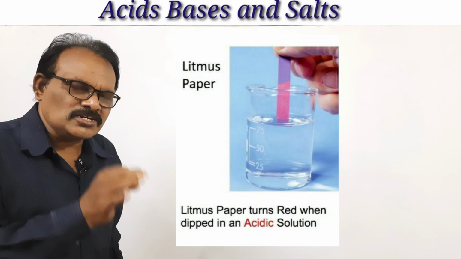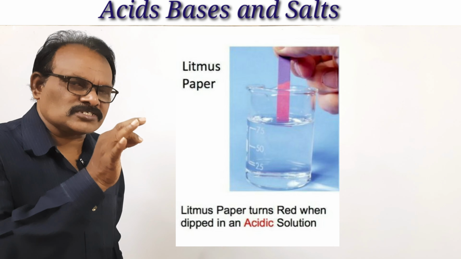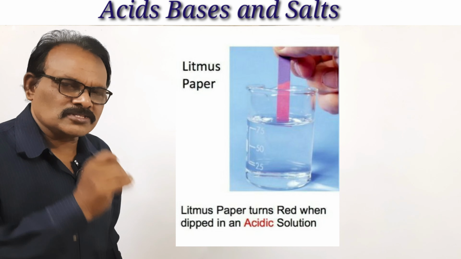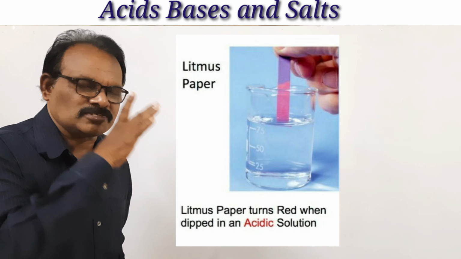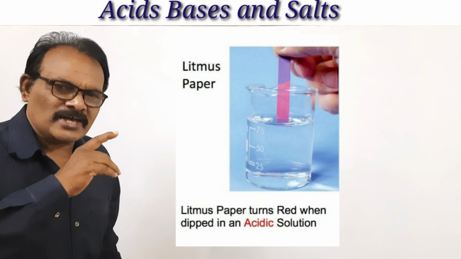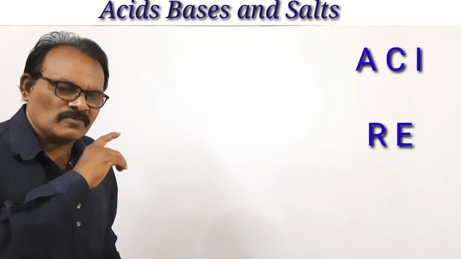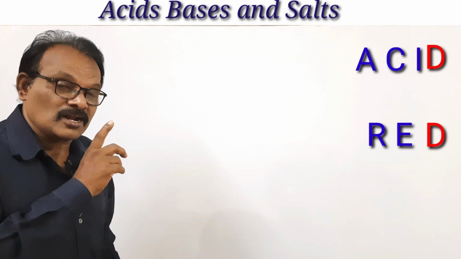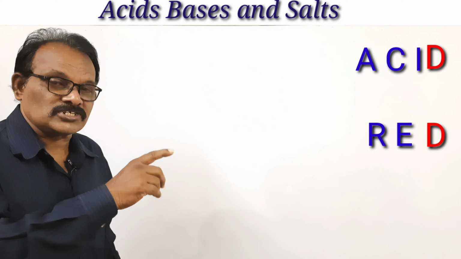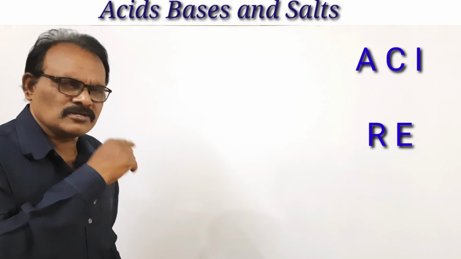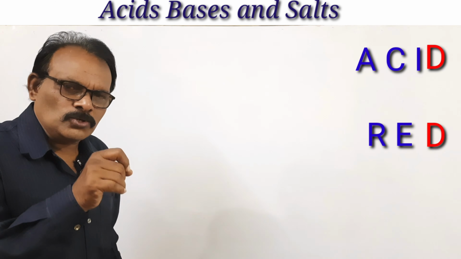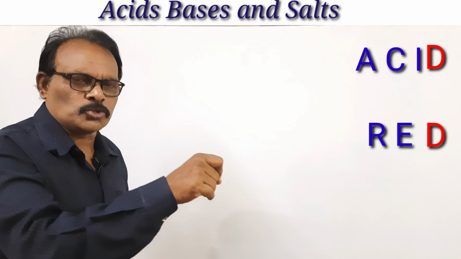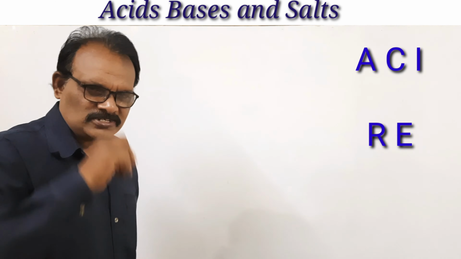If blue litmus changes its color to red, that means that is acid. The last letter of acid is D, and the last letter of red is D. So D, acid, red.